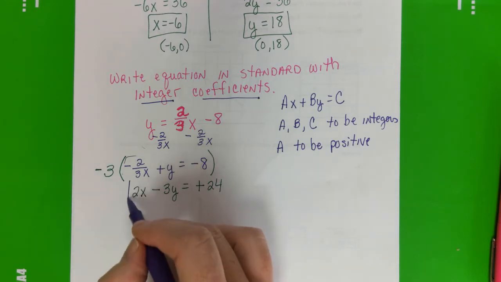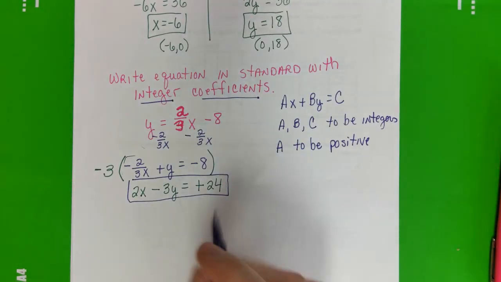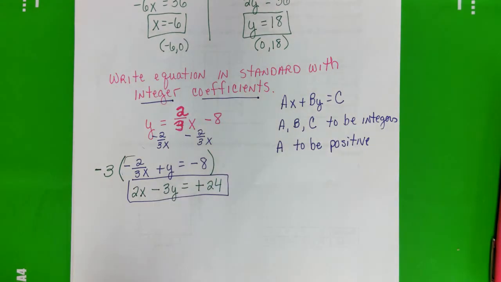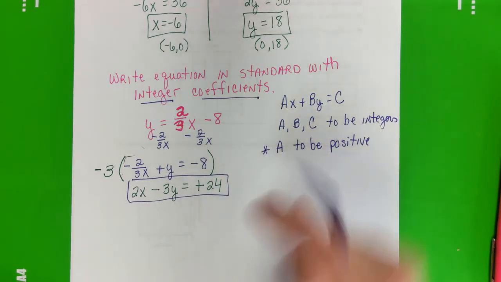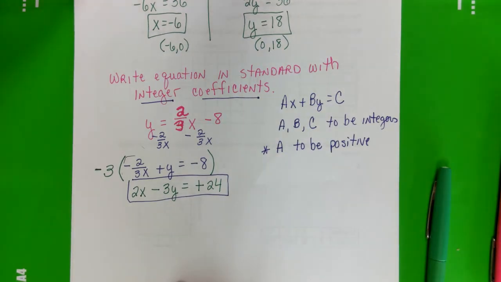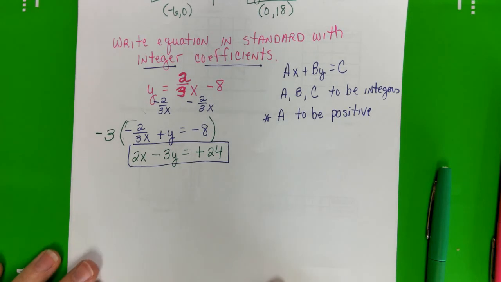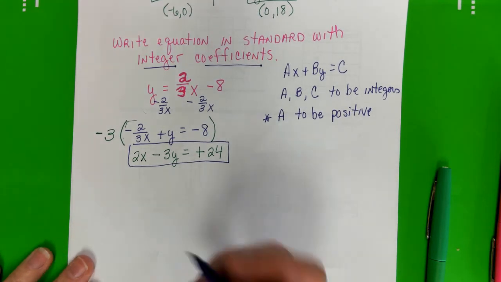And so this is our equation in standard form with integer coefficients. And we've made that a value positive. So that's all it is. Okay, it's just moving x and y to the same side, and making sure our fractions are gone.